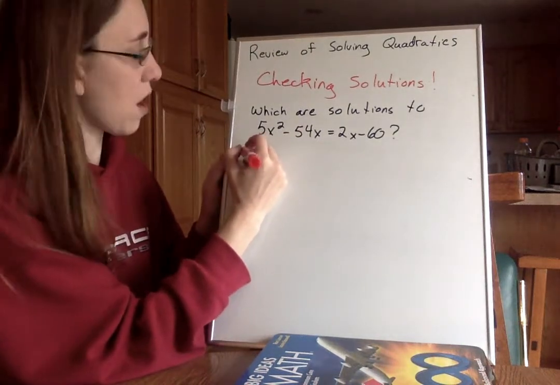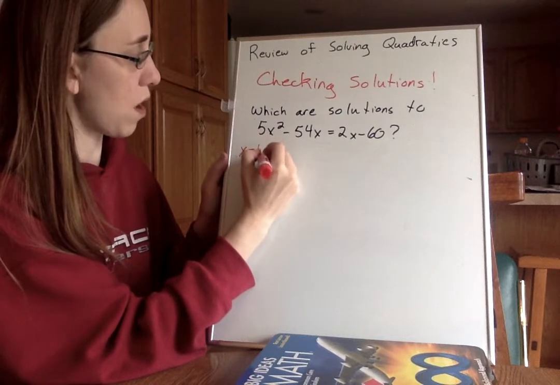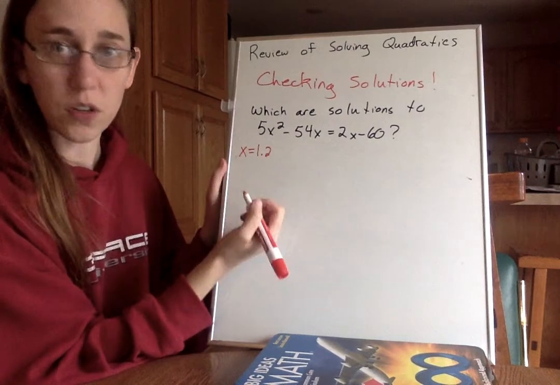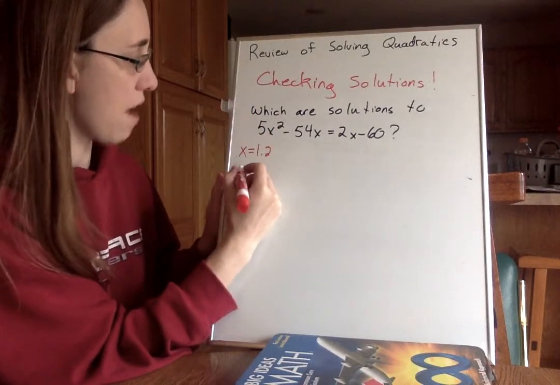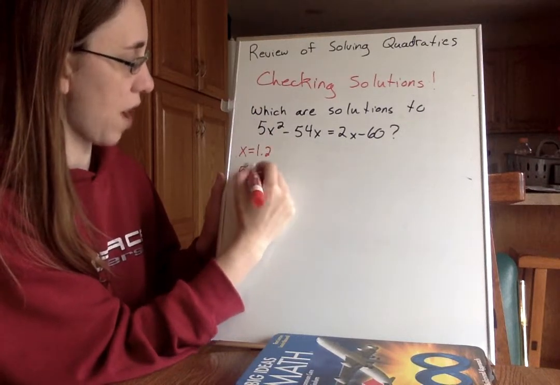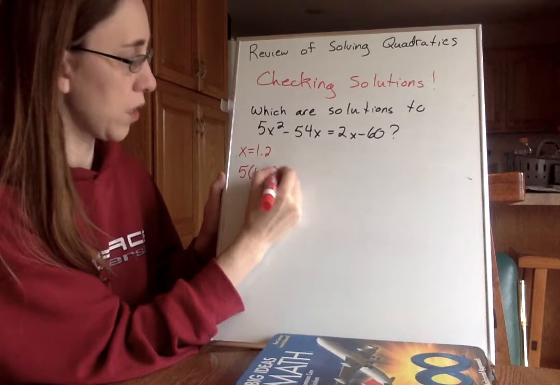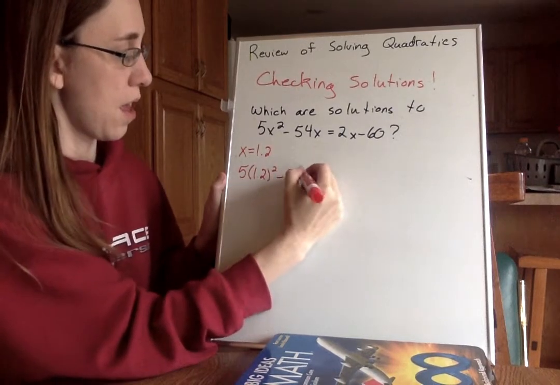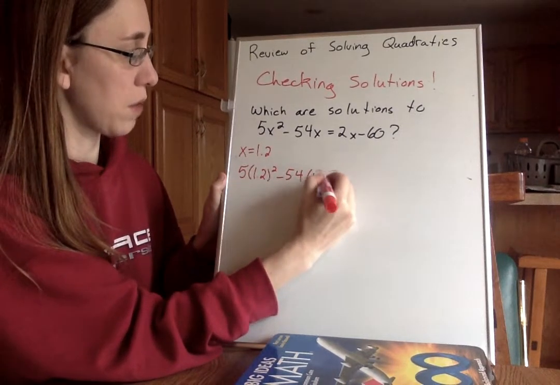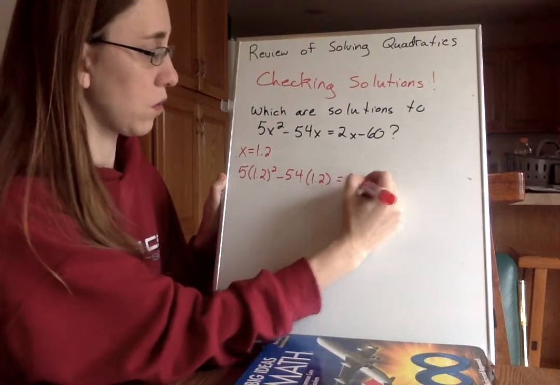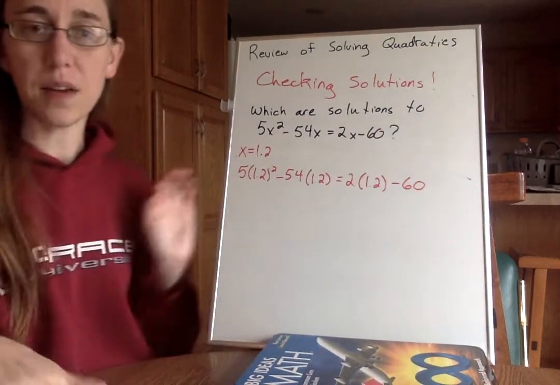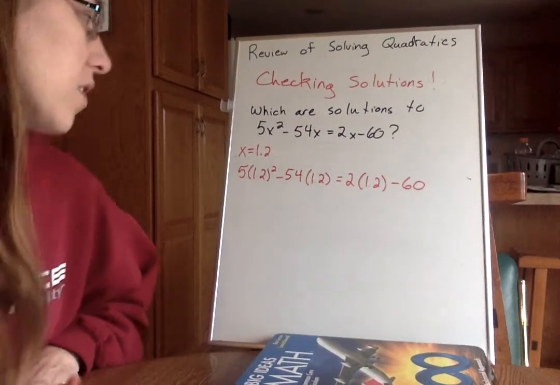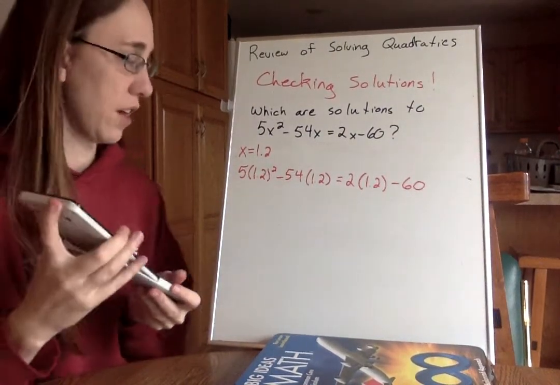So let's start with x equals 1.2. It's a decimal. So get out your calculators if you haven't. We're going to plug 1.2 in everywhere we see x. So 5 times 1.2 squared minus 54 times 1.2 equals 2 times 1.2 minus 60. So, got my calculator here.